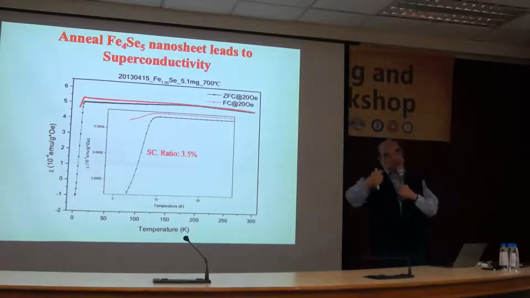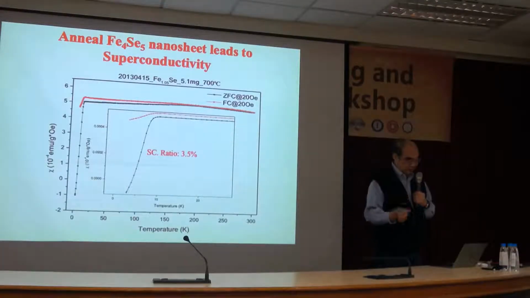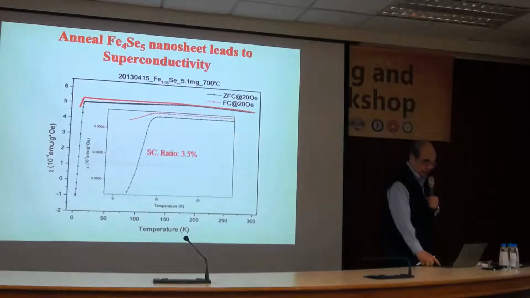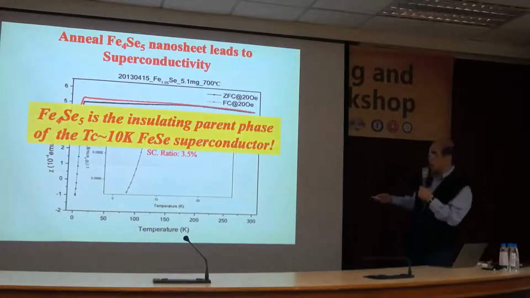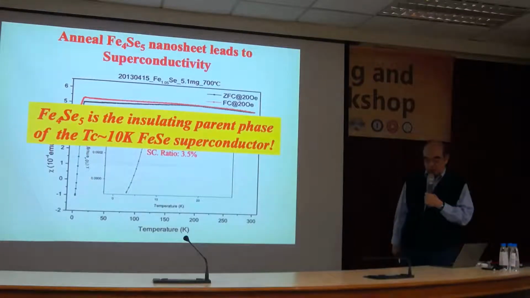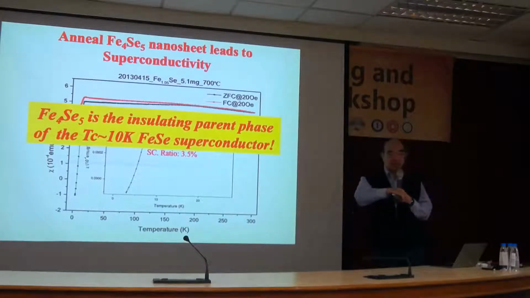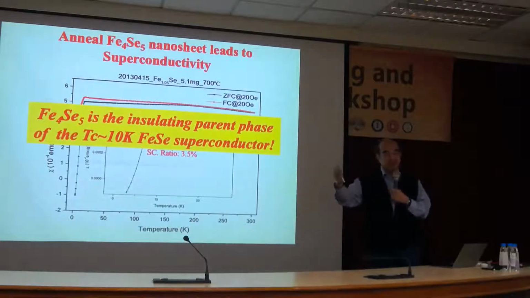However, you can always say, because of the change in the stoichiometry, what can you tell exactly about what's going on? But based on that result, we know this iron selenide insulating phase is the insulating parent phase of the 30 Kelvin superconductor.